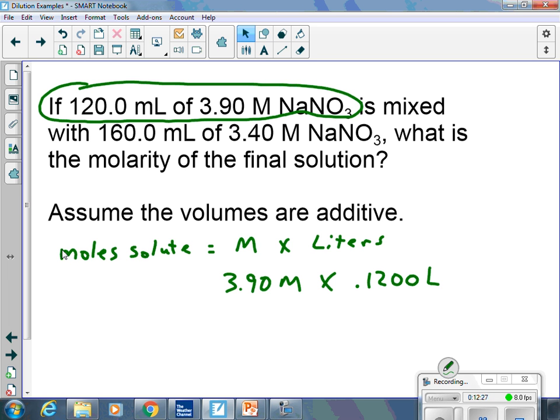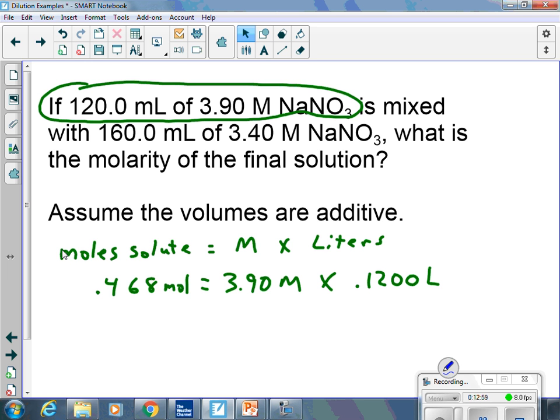When I do so, I come up with 0.468 moles. So the amount of moles of my first one is 0.468.